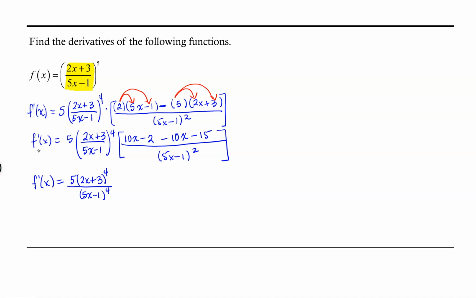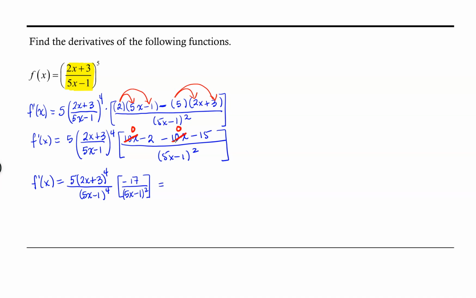And now where I applied the quotient rule here on the right, I've got a positive 10x and a negative 10x. So those sum to 0, leaving me with a negative 17 in my numerator and a quantity (5x minus 1) squared in my denominator.